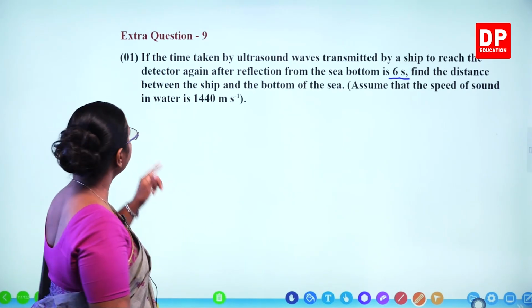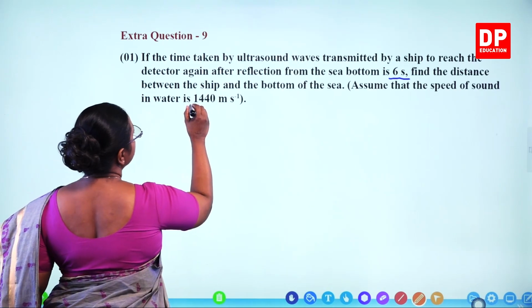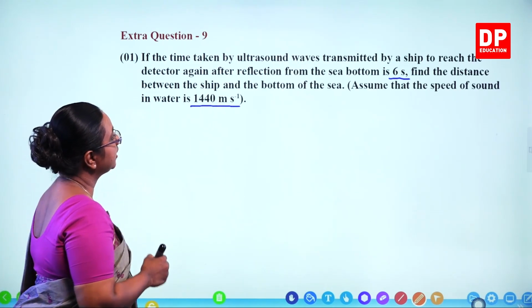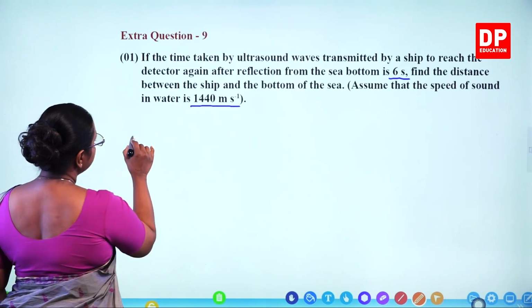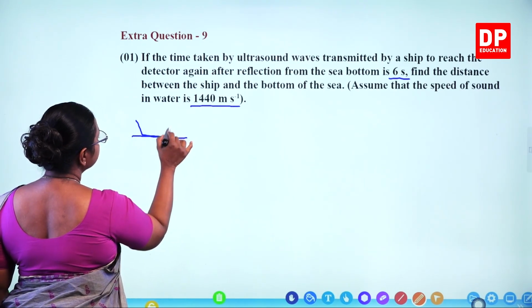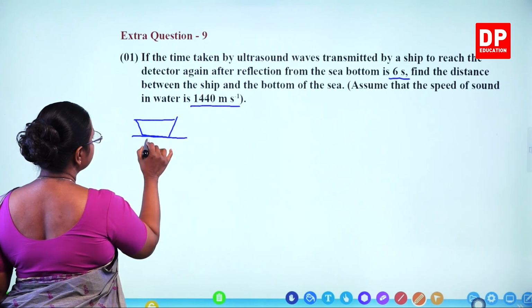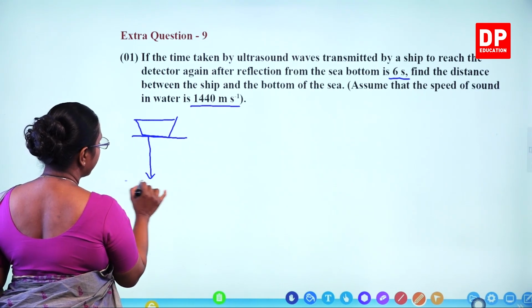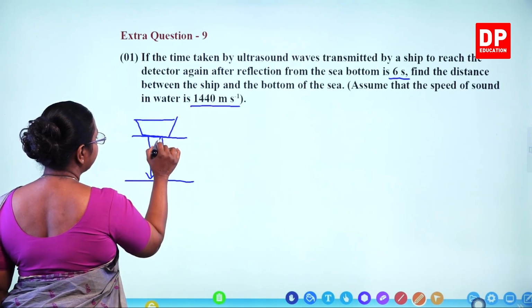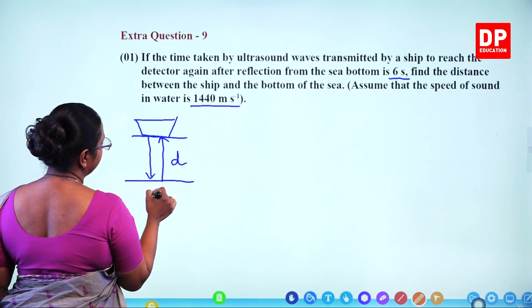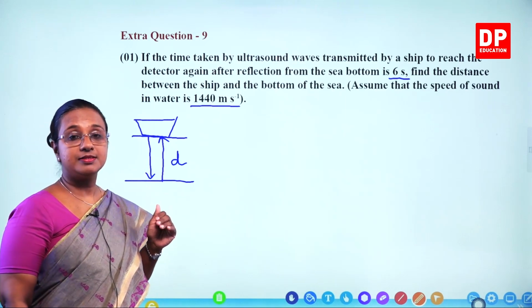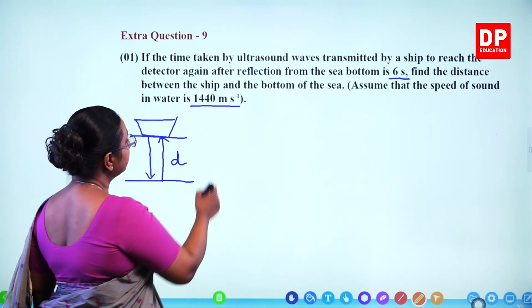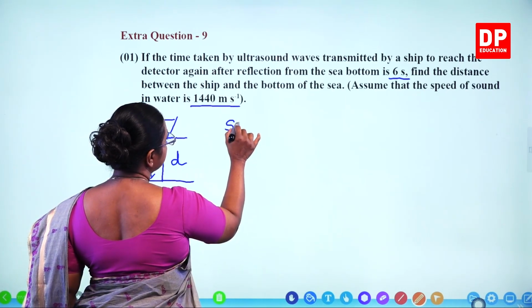Assume that the speed of sound in water is 1440 meters per second. So here you already know if this is the surface of water, the ship is here, down sound waves go down and they get reflected by the seabed, and that is the distance or the depth of the sea. So here we have to use the equation for speed.